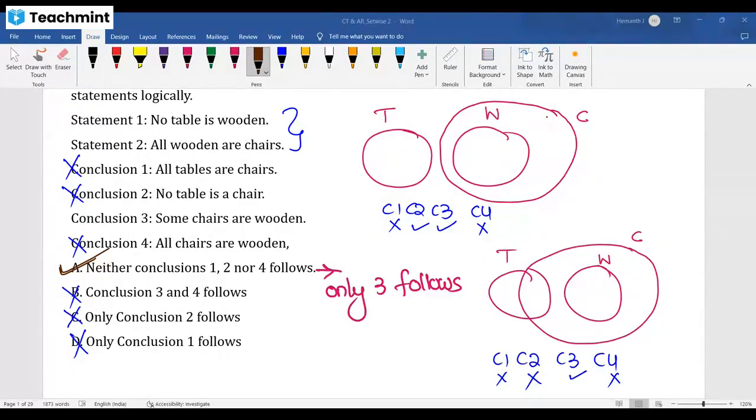The one you have to select is option A. Hope it's clear for you.